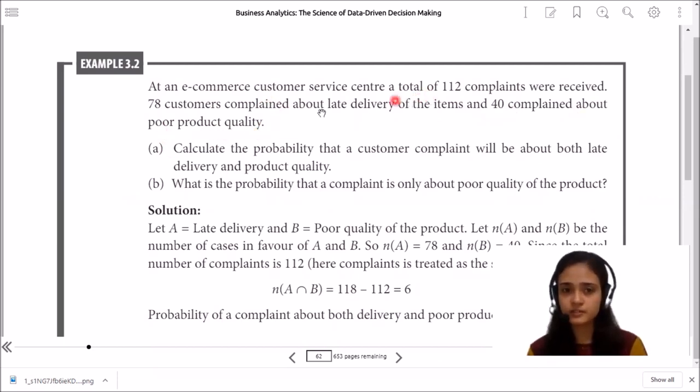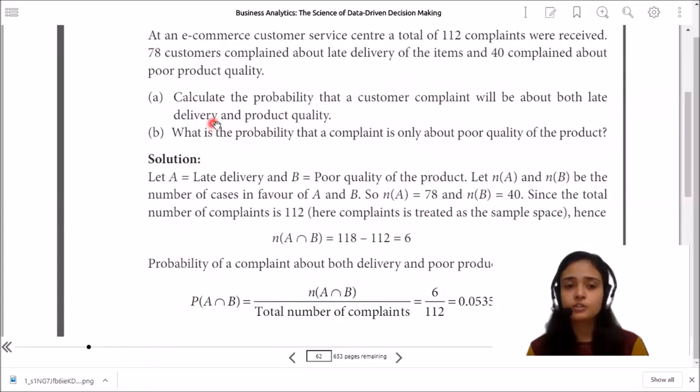Because it is an e-commerce website, someone is complaining about late delivery and someone is complaining about poor quality products. You have to find the probability that a customer complaint will be about both late delivery and product quality, and second, the probability that a complaint is only about the poor quality of the product.